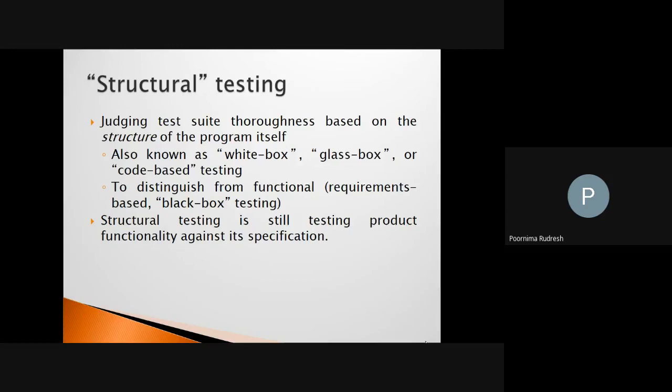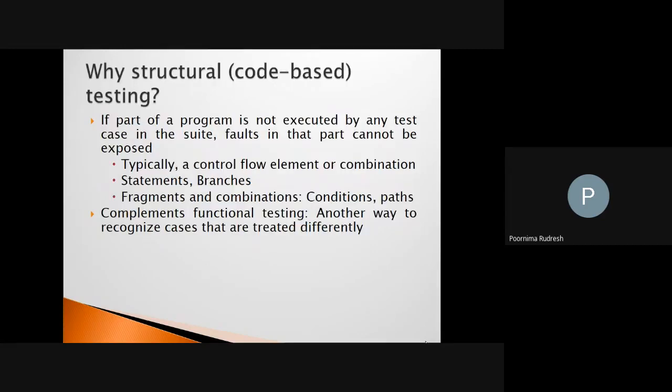Before the system is developed, we are collecting the specifications, right? Based on the specification, we design the system and implement it. So once again, we are using structural testing to test the product functionality against the given specification.